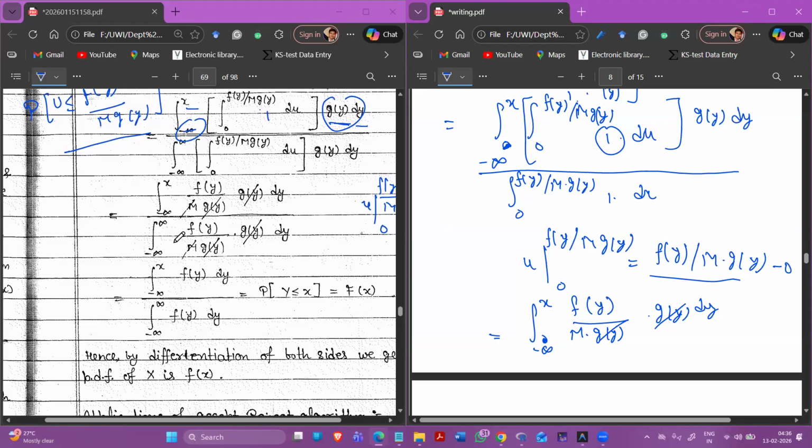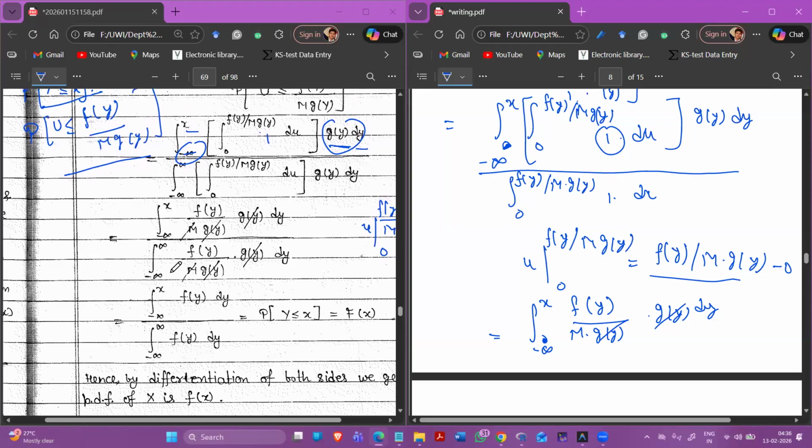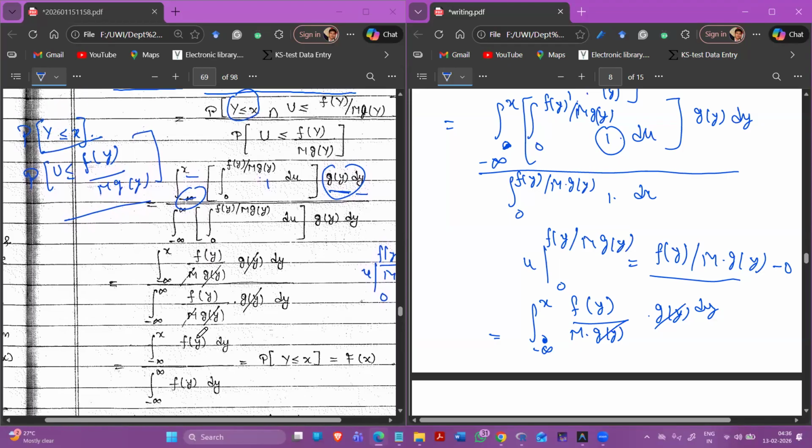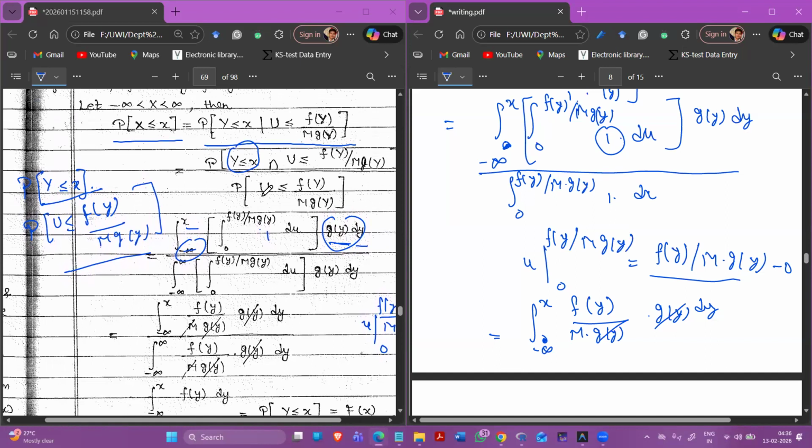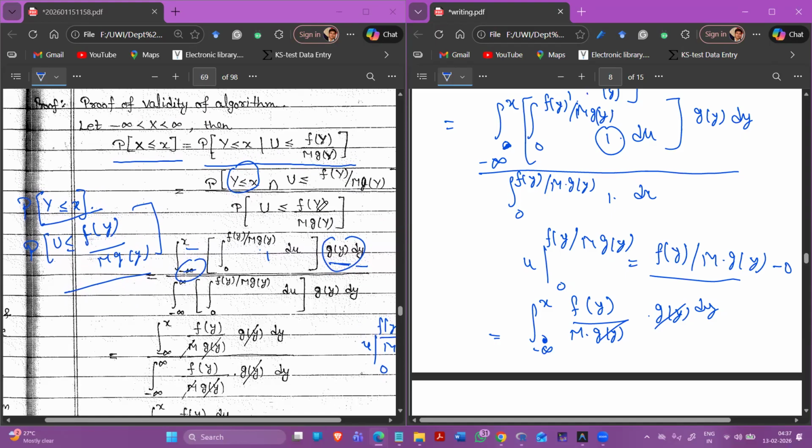And in the denominator, it is minus infinity to infinity, fY. Why are we taking minus infinity to infinity here? Because when you solve this one, first of all you need to make it free from Y. How will you make it free from Y? When you integrate over the range of Y. That is your fY, where you have the independent uniform distribution that you want to find out.